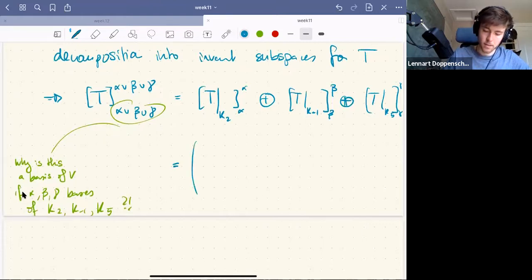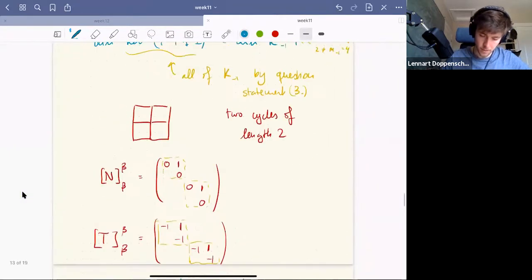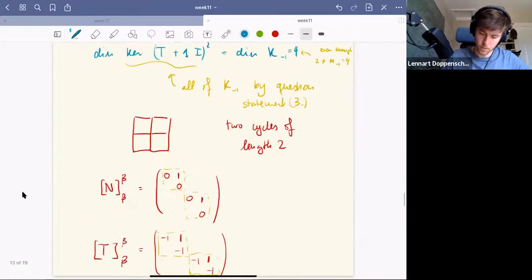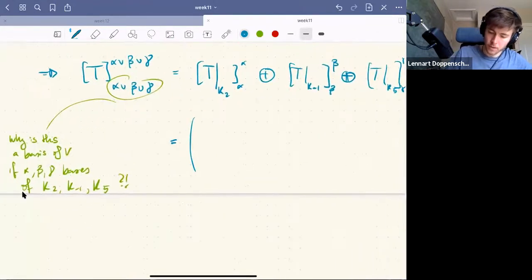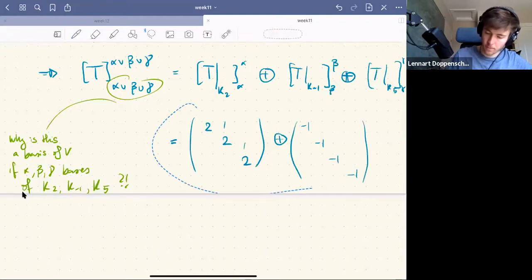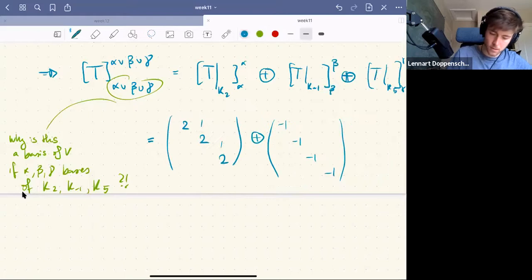And remember that these were, oh, I forgot. The first one was just one giant cycle. So this was 2, 2, and 2 with just one giant 3-cycle. The second one was two 2-cycles. So this means here's a 0.